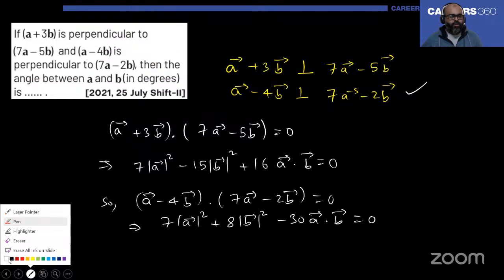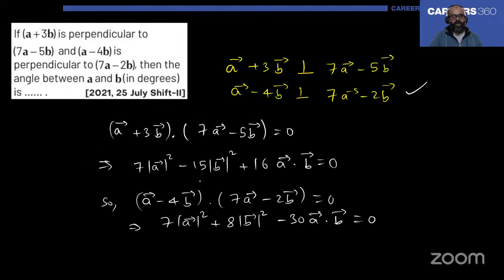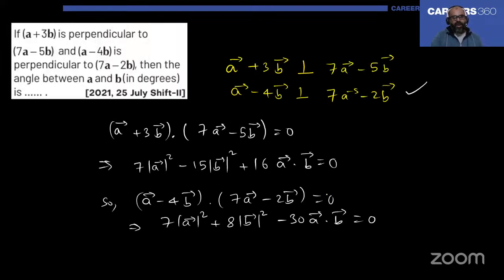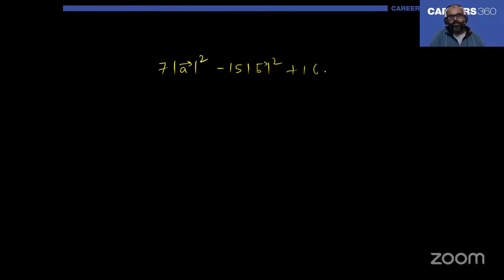Now let me write both of these two equations at one place. First is 7 mod a square minus 15 mod b square plus 16 a dot b equal to 0.